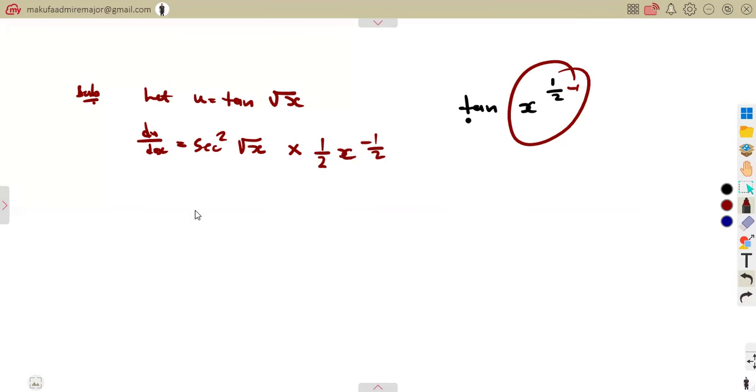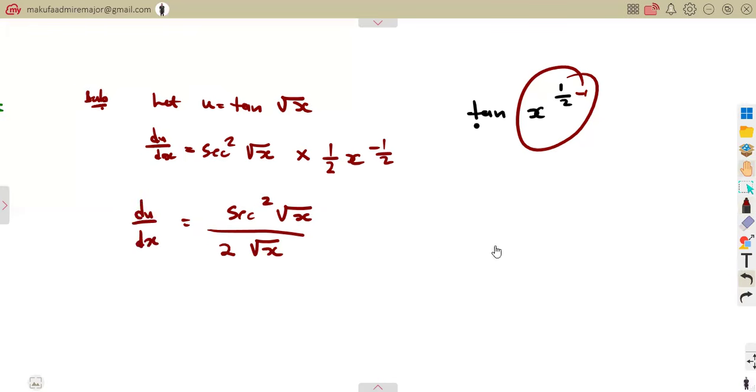Guys, we can even try to simplify this. Remember, 1 over again. So we have sec to the exponent of 2 of the square root of x, everything over 2 x to the exponent of a half, which is the same as the square root of x. So we can at least leave it this way. So this is the derivative of u with respect to x.